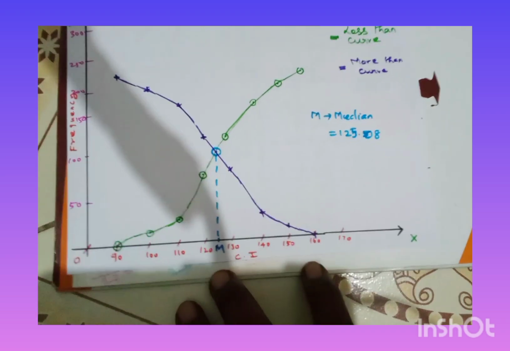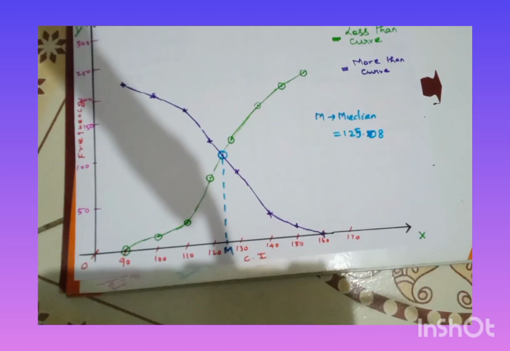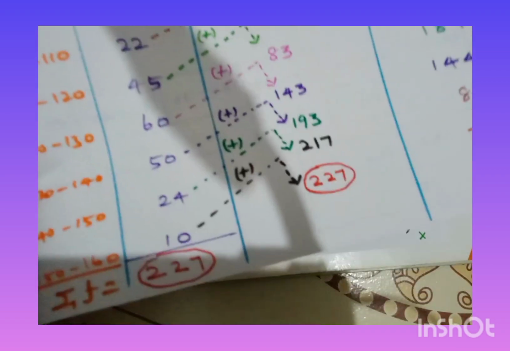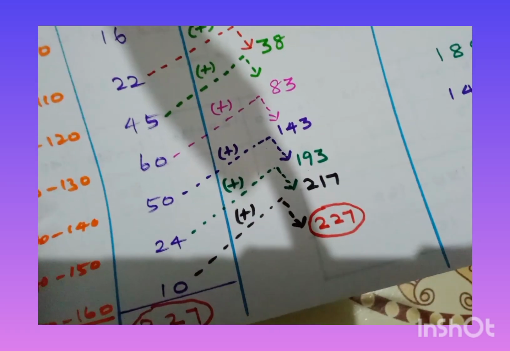See, in the x-axis I have started from 0, then 90, the very first interval's lower limit, isn't it? So next to 0 take 90, 100, 110, etc. up to 170. What about the y-axis? In the y-axis, see the last value of the cumulative frequency, it is 227. This is the highest value, isn't it?